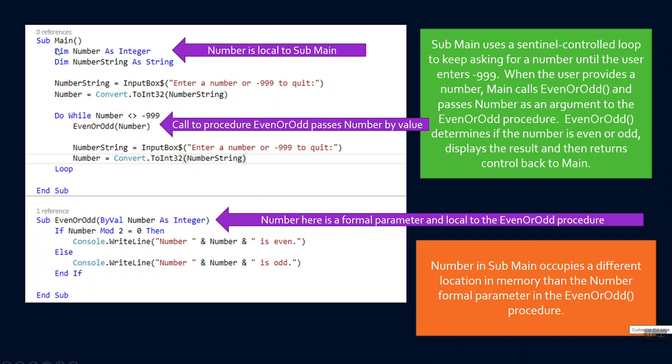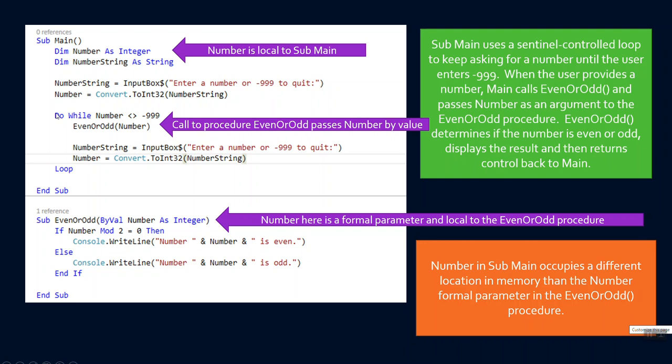We call these local variables because they're defined in Main. Main knows about them, but any other procedures that we have defined do not have access to these variables. That was why it was necessary to define a parameter, as we're going to see momentarily, because we need to share that data with EvenOrOdd.